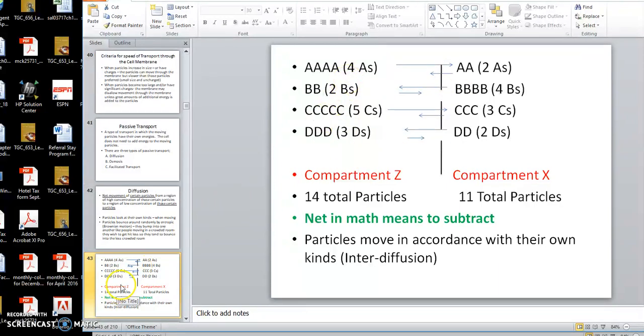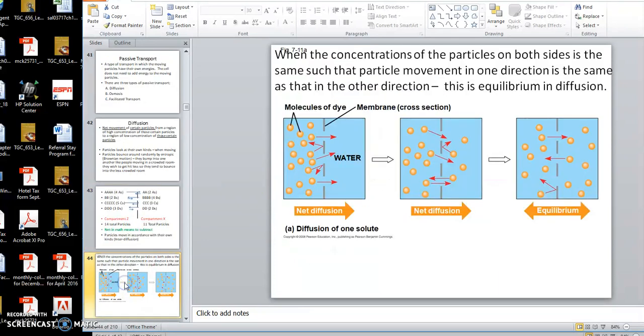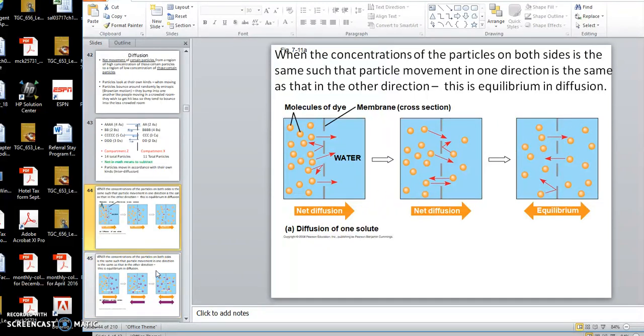But all the particles look at their own kind. When the concentration on both sides is the same, that is equilibrium, but there's still motion, as much one way as the other. So the net is gone. I want you to study that.